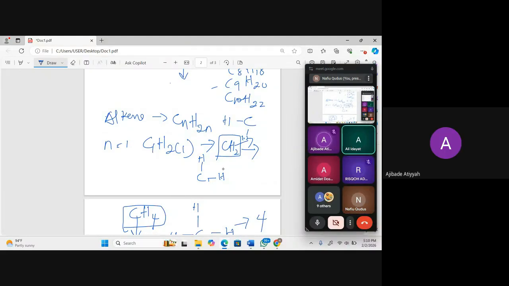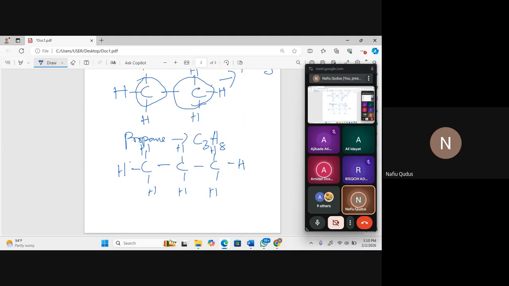Yes, sir. That's why this does not exist in chemistry. So that's why number 1 for alkene does not exist in chemistry, because the bond that surrounds this carbon itself is just 2. And the bond that must surround the carbon must be how many? Must be 4. Are we together? So that's why number 1 in alkene does not exist. Now, let's move down.